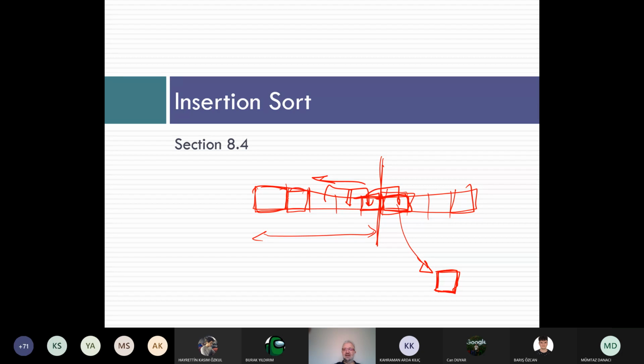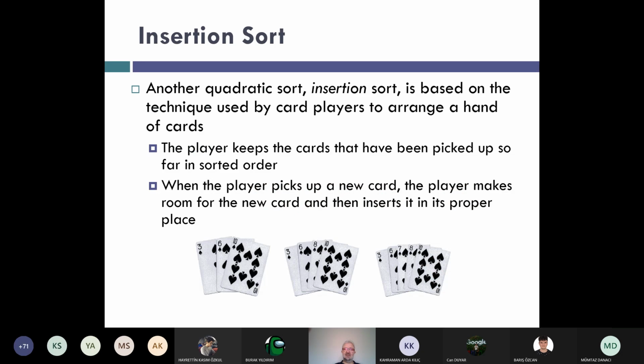And at the end, we make sure that the elements here are larger than the element that we put aside, and elements here are smaller than the element here. So we put it in its correct position. Okay, this is the algorithm.